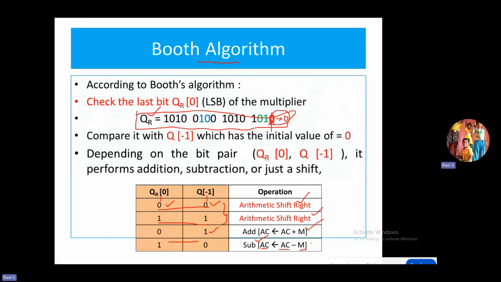So in every cycle, we perform arithmetic shift right. Depending on the pair, if it is 0, 1, we add, then shift right. If it is 1, 0, we subtract, then shift right. If it is 0, 0 or 1, 1, don't add or subtract, simply shift. This is the rule of the Booth algorithm.